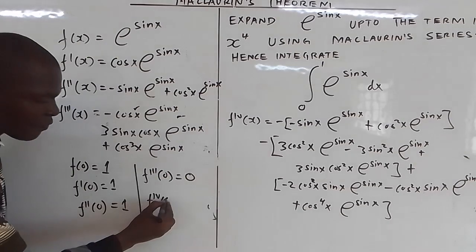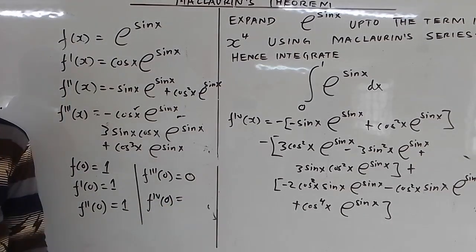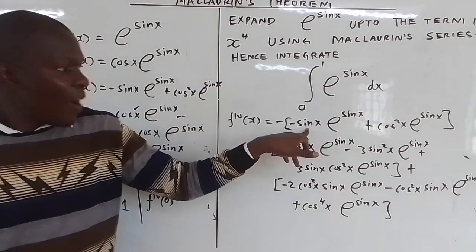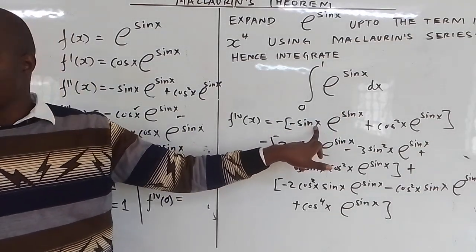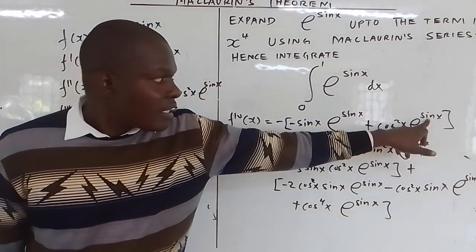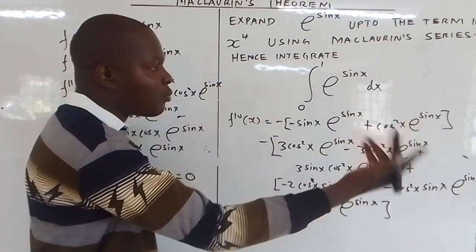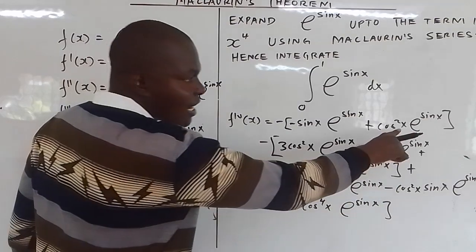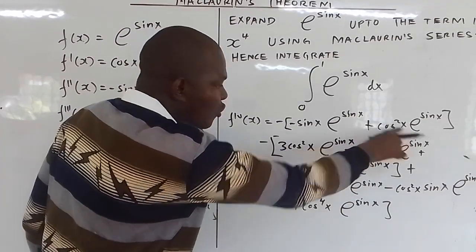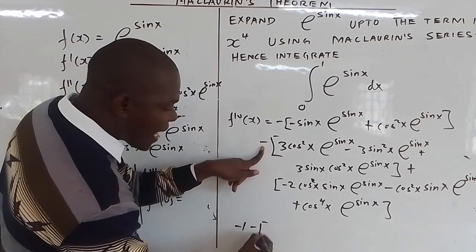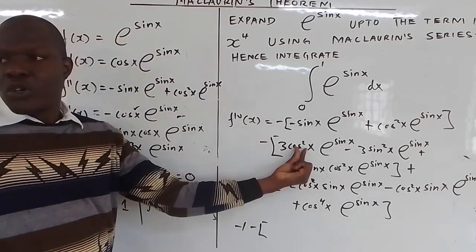Are we together? So, the fourth derivative of 0. Where there is sine x, automatic 0, isn't it? Here, see, here is 1. Exponential sine x is 1 when you put 0. Cos is 1 squared. So you have negative 1. Then come to this bracket, minus, inside the bracket, cos squared x.